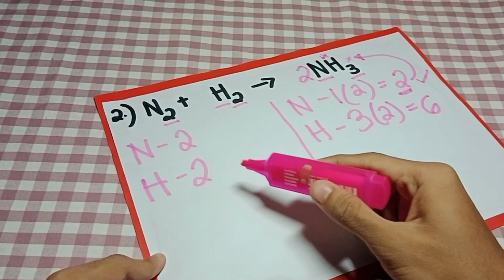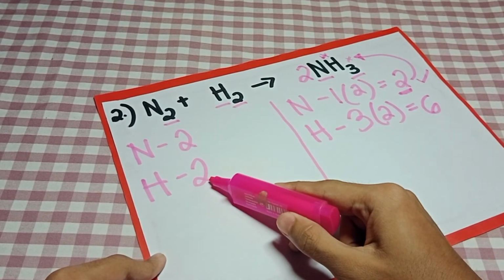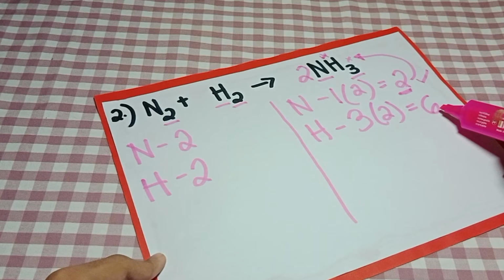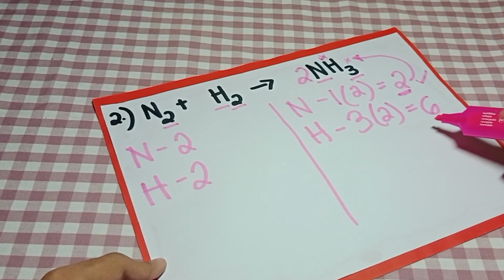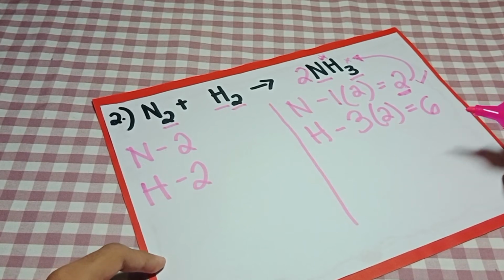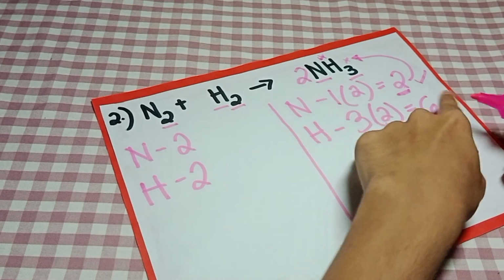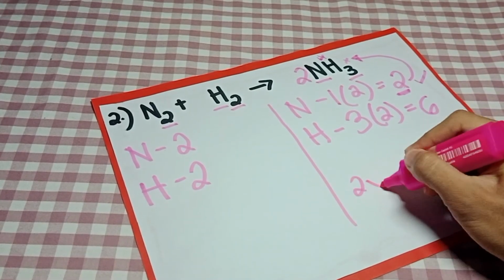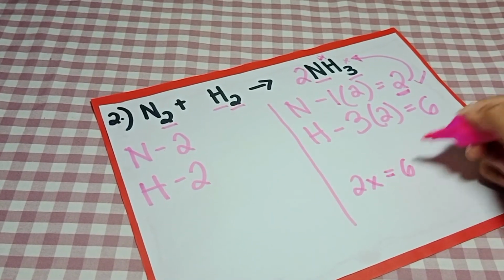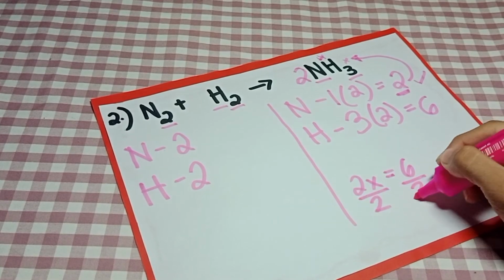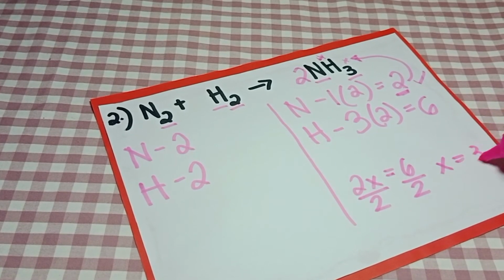While the hydrogen has 2 hydrogen atoms here and 6 hydrogen atoms here. Therefore, they are unbalanced. So what we are going to do is find the x that should be multiplied by this to get the product of 6. So 2x is equal to 6. Divide both sides by 2. Therefore, x is 3.